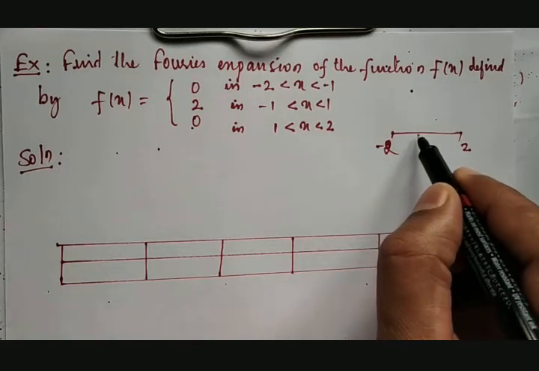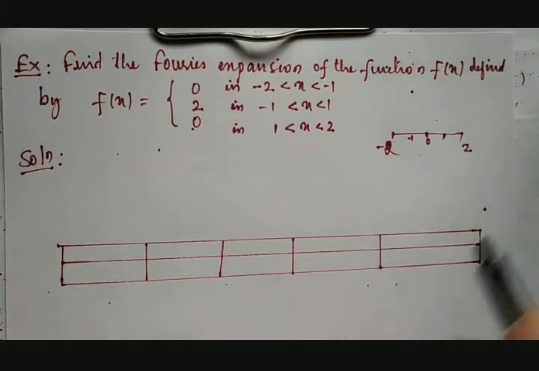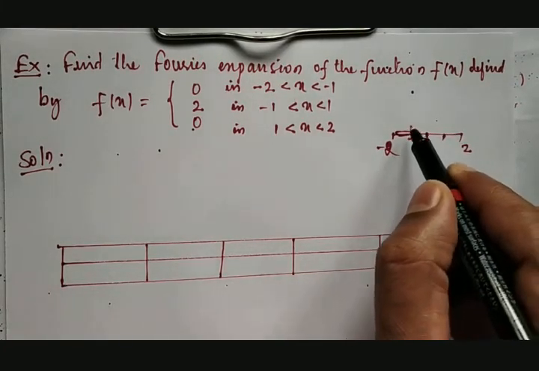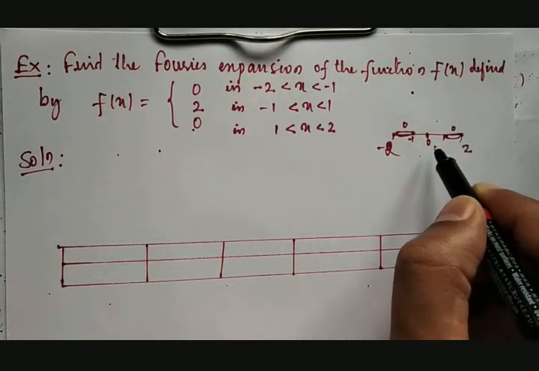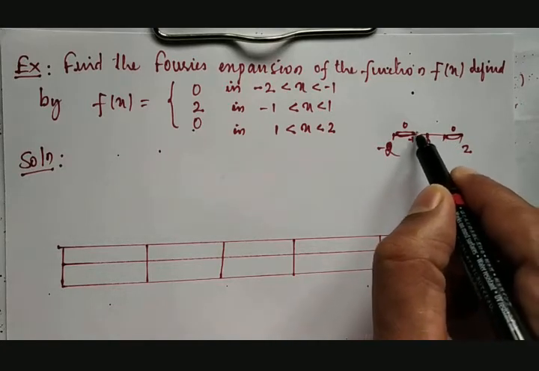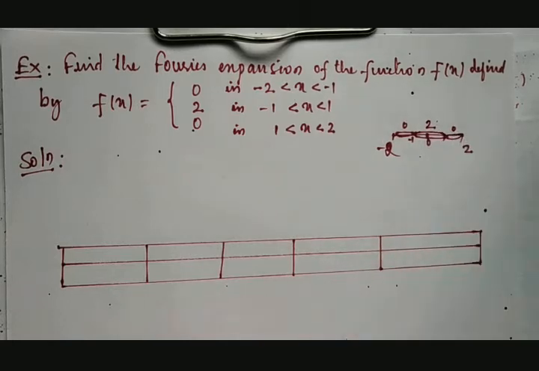Between -2 to -1 it is 0, and between 1 to 2 also it is 0, and between -1 to +1 it is 2.